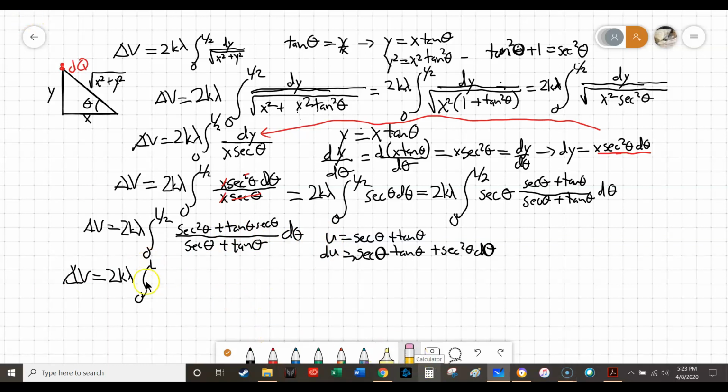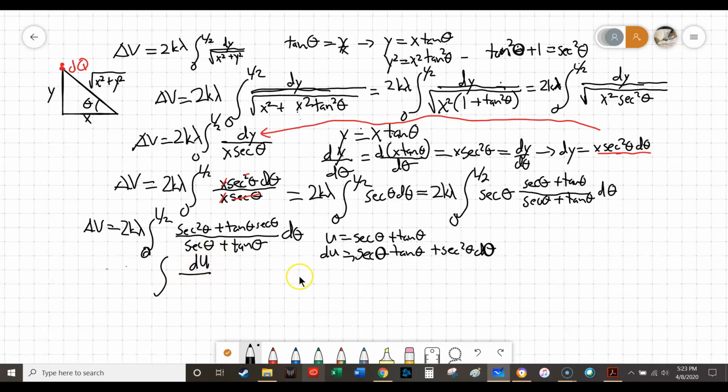I started to write my equation here, but you can't really use the same limits that you used before. By substituting this in here, it actually becomes a slightly different equation. So basically what I'm doing is integrating this. The secant squared of theta plus tangent of theta secant of theta, times d theta, is just du, right?